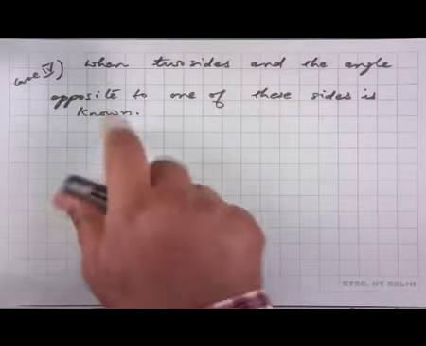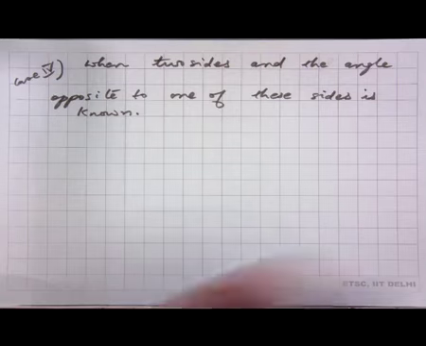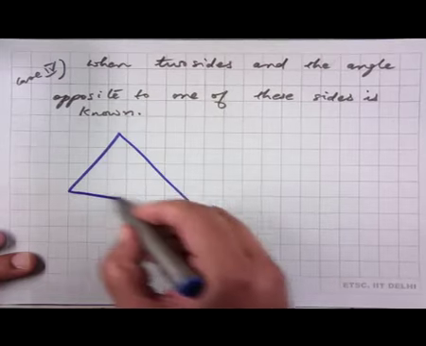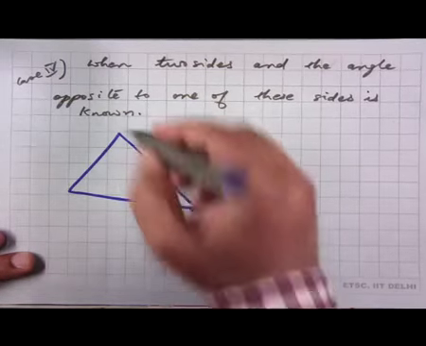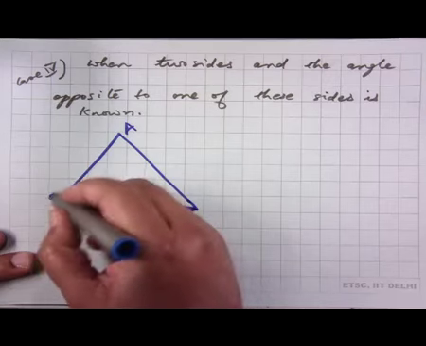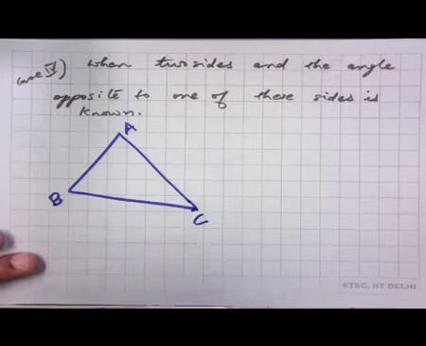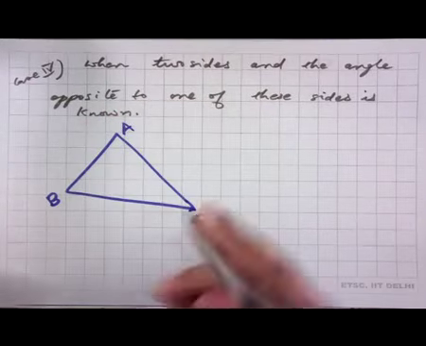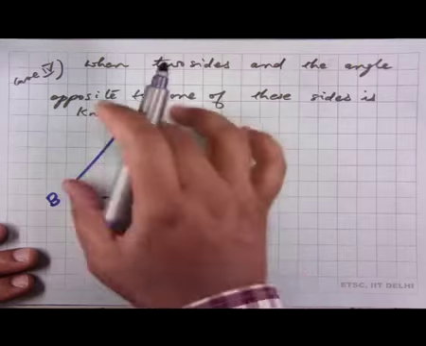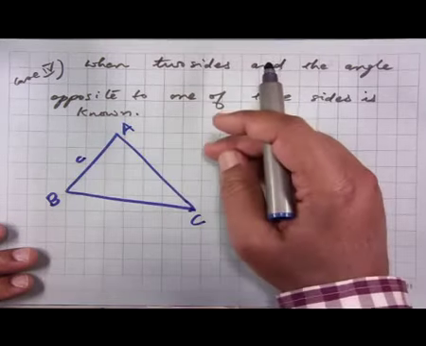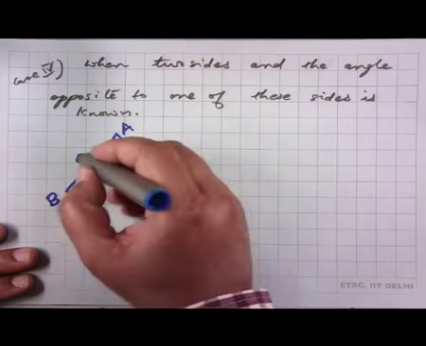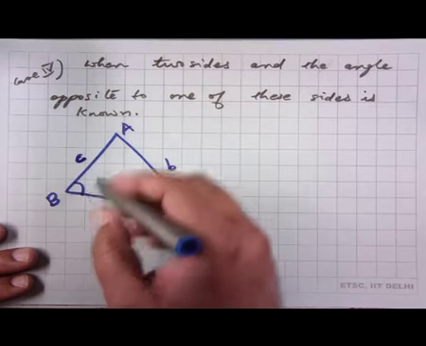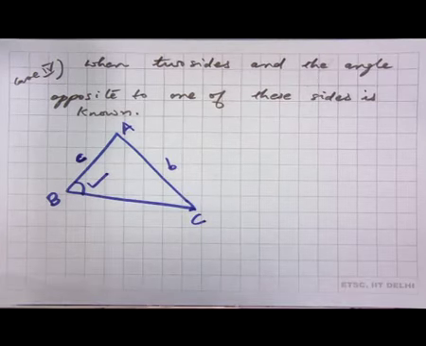So, that case is precisely this case 4, where we know this length c, we know this length b, and let us say that we know this angle B. So, this is known to us.